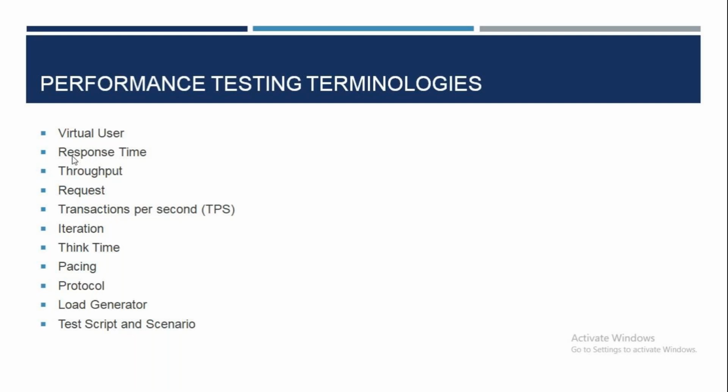In the response, the amount of data transferred from the server to the client, that is throughput, or basically when the hits per second are going to the server, the server processes them, and the amount of data getting processed and sent back to the client is known as the throughput.